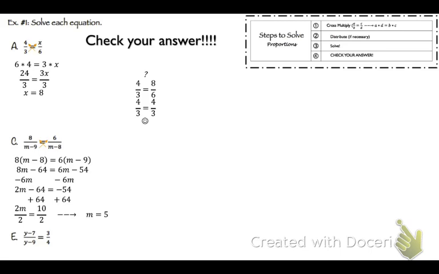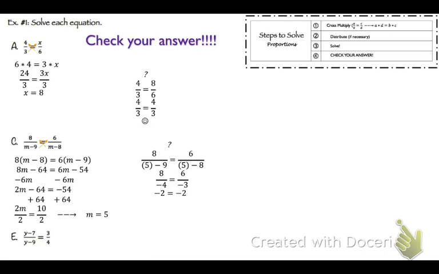Okay, then we're going to check our answer. So I'm going to plug in 5 for my m's. So we have 8 over 5 minus 9, and 6 over 5 minus 8. That's 8 over negative 4, which is negative 2, and 6 over negative 3, which is negative 2, so we're good.